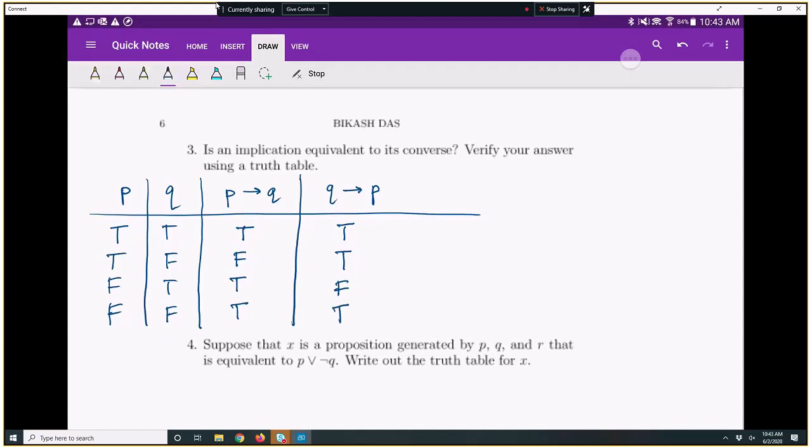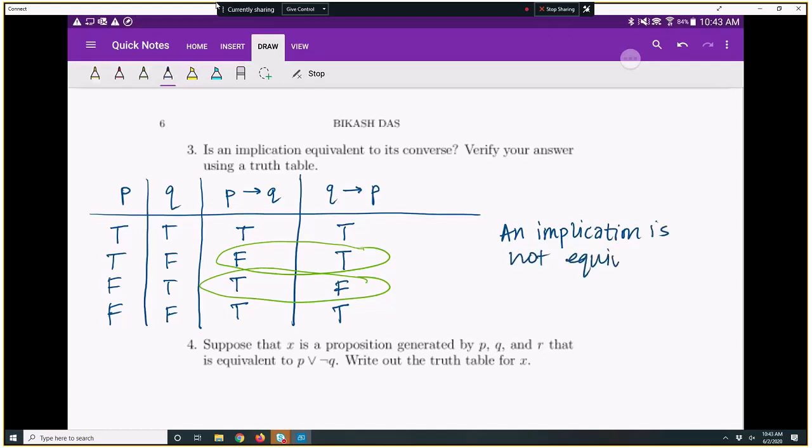And immediately we can see that these are not equivalent because these rows don't match. So an implication is not equivalent to its converse.